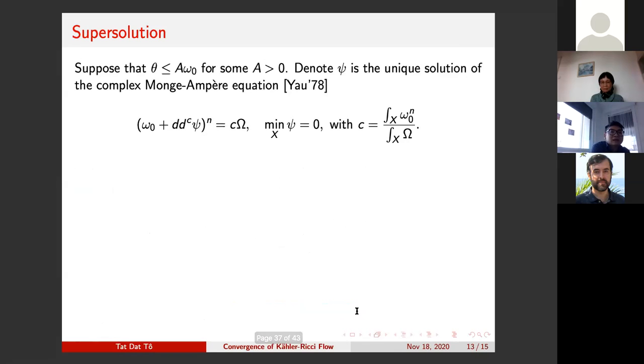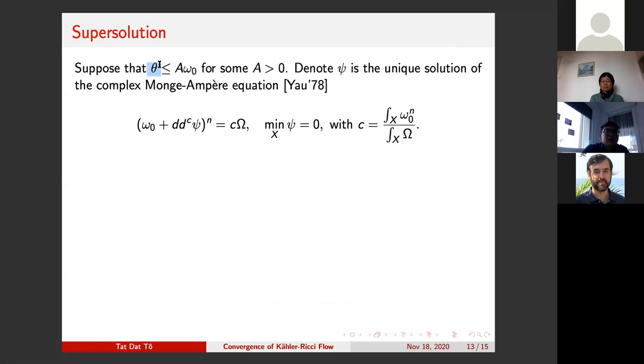And then the second ingredient is how to construct a supersolution. And I must invoke the famous result of Yau for the existence of a smooth solution for the complex Monge-Ampère equation in a Kähler manifold with Kähler class.